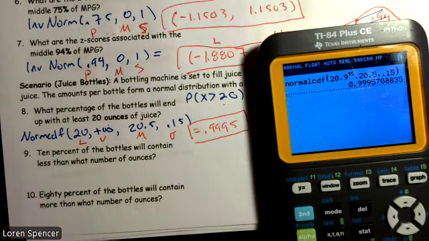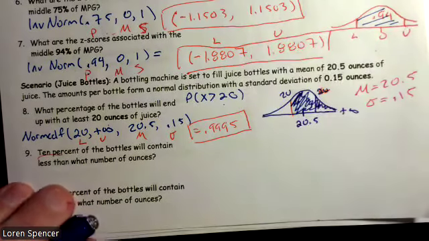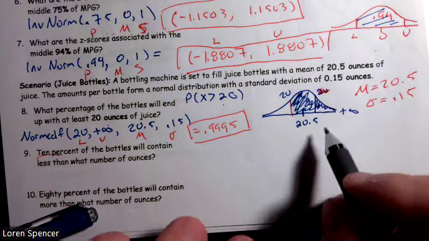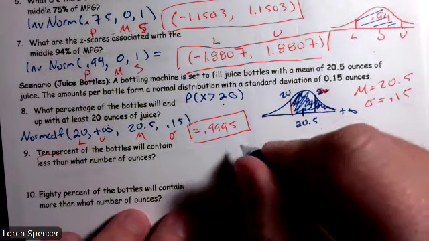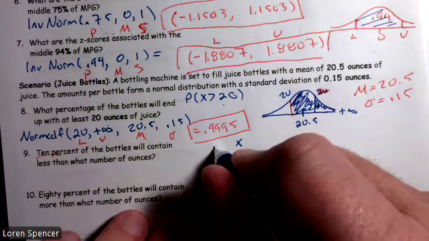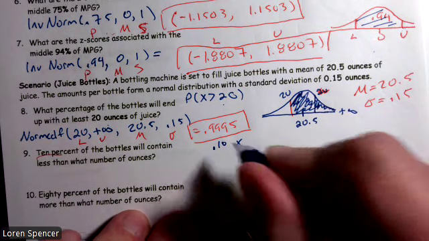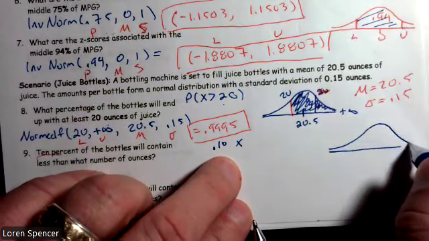10% of the bottles will contain less than what number of ounces? Ooh, they gave us a percent. If they give us a percent, we're doing an inverse norm. So let's make an X. It says less, that means the 10% is down here, or 10 divided by 100. So my drawing is going to look something like this.